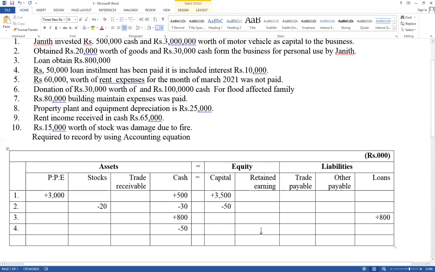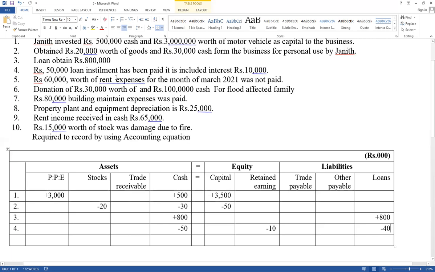Therefore, loan interest is an expense, and the effect on equity is a decrease. As loan paid, only the balance part, therefore decrease loan only 40. 50,000 paid in cash, but it includes loan interest. Interest is an expense, loan interest. Therefore, the effect is a retained earnings decrease. Equity is given separately. Under the capital column should be recorded only additional capital as well as drawings. Think about transaction 5.